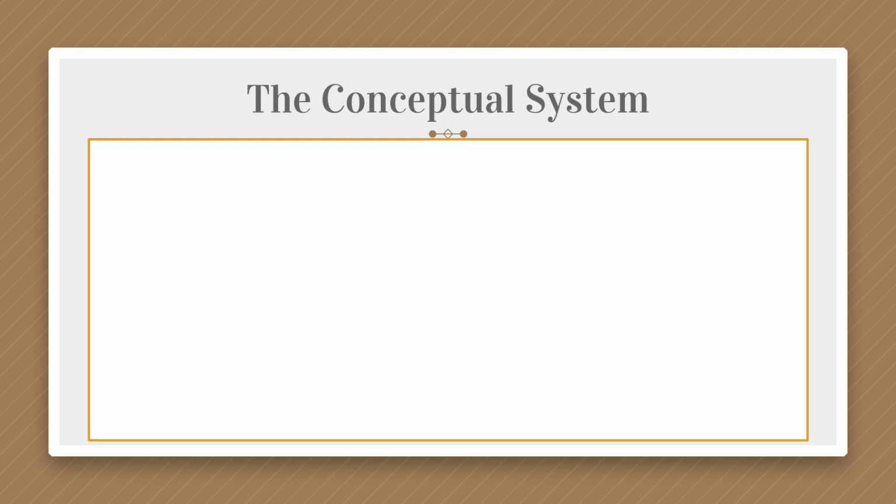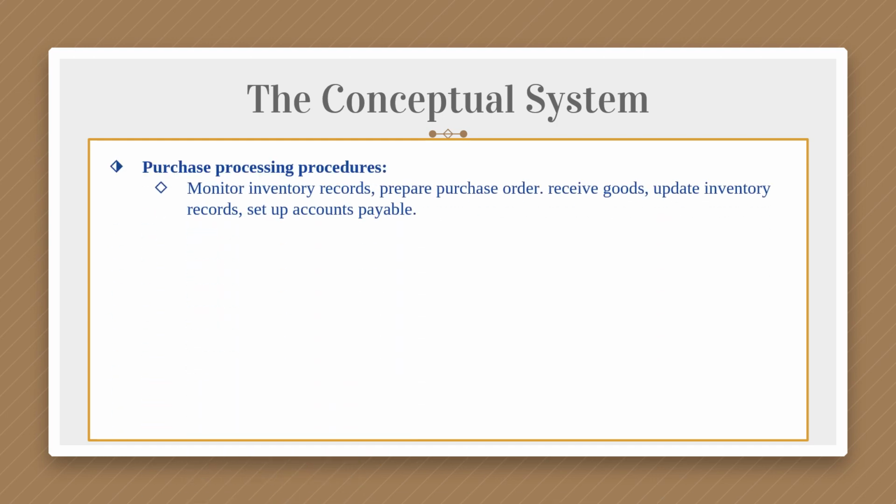Under that, we can see the conceptual system behind those four main activities. One, purchase processing procedures, starting by monitoring the inventory records and finding out if there are any needed items in the inventory below the reorder point.